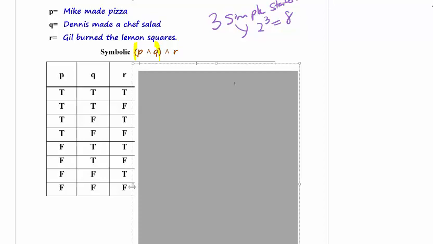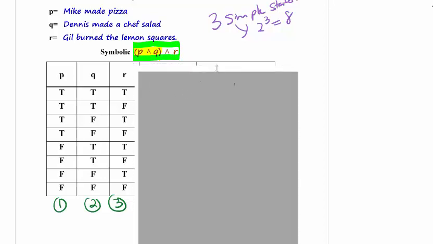Now we're going to design our chart. It's not required, but if it helps, number your columns. Our next piece is to look if we need any negations, and we don't. So the next piece we're going to do is our parentheses, which is P and Q. Our last one is going to be the whole statement, but this is why I said it's helpful to number your columns.